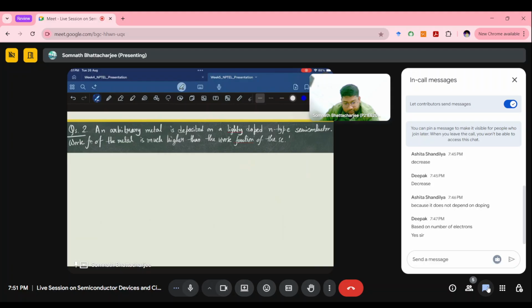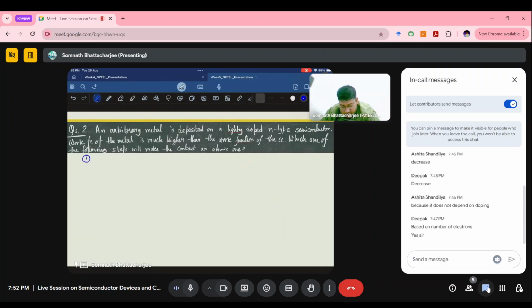Now, which one of the following steps will make the contact an ohmic one?